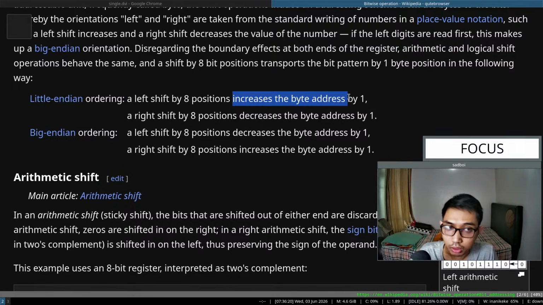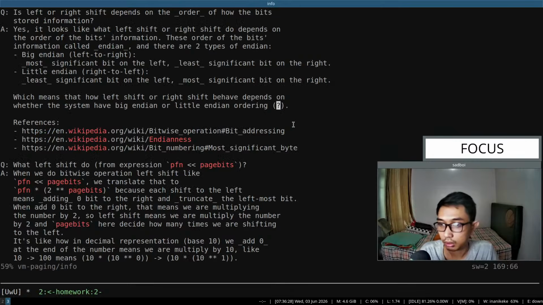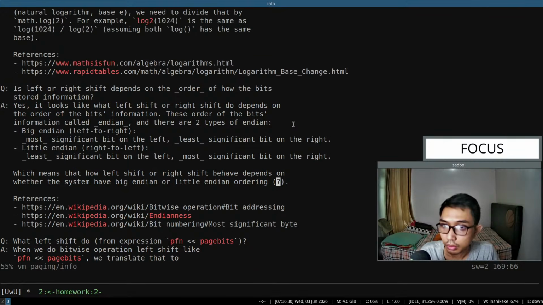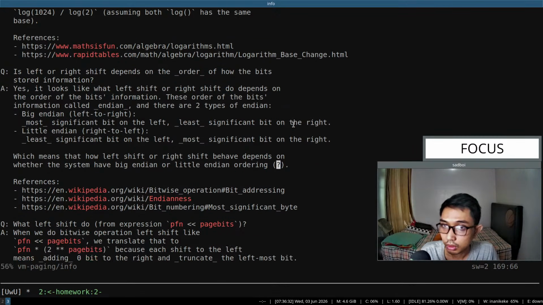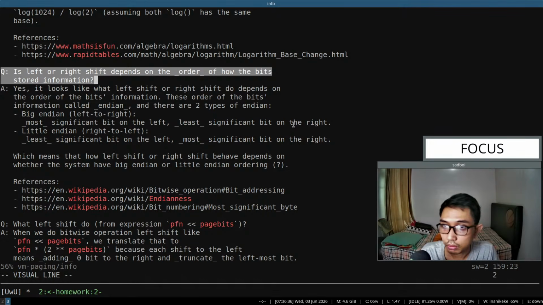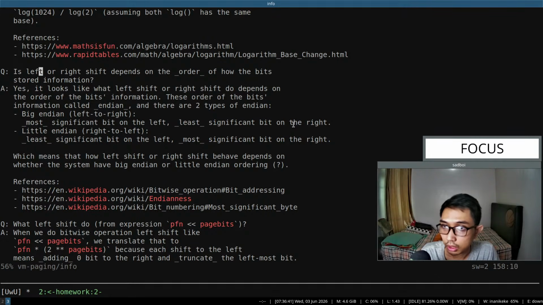Yeah, I'm trying to understand this one. Increase or decrease the byte address. Yeah, I'm trying to understand what is the effect of the endian with left or right shift, something like that.